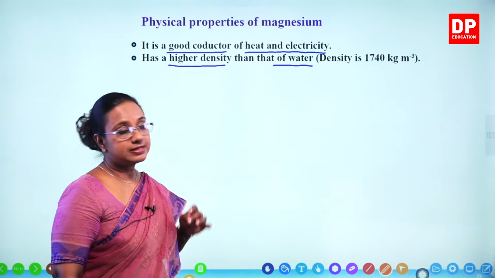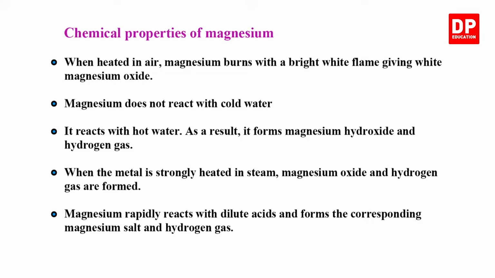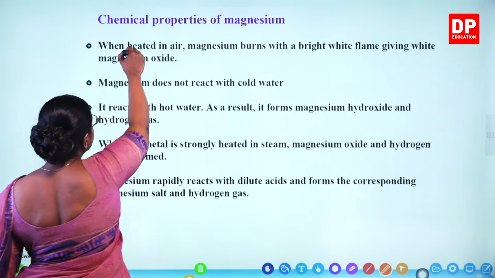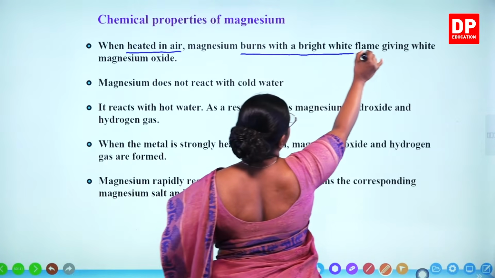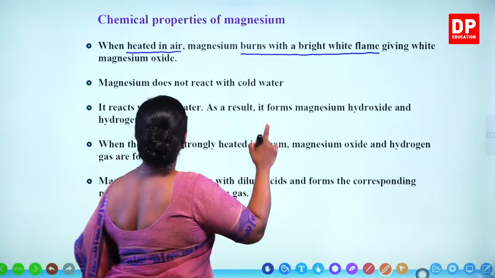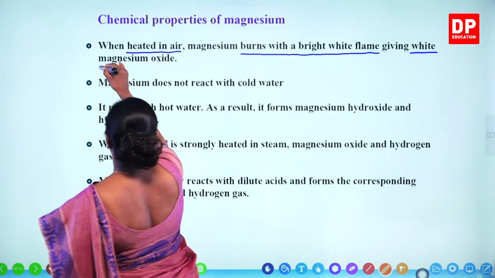We will discuss the chemical properties of magnesium. When heated in air, magnesium burns with a bright white flame, giving white magnesium oxide.